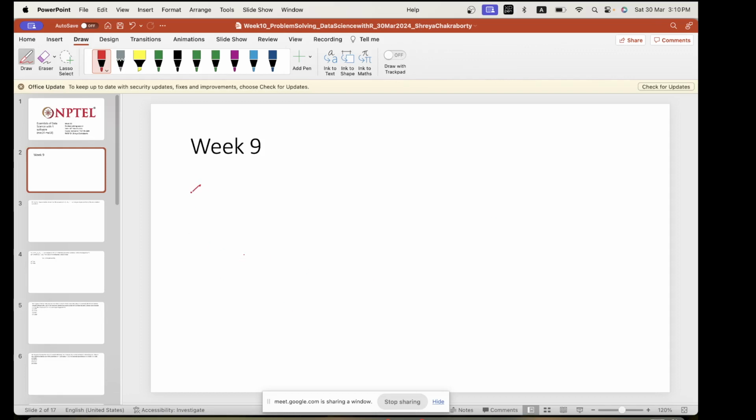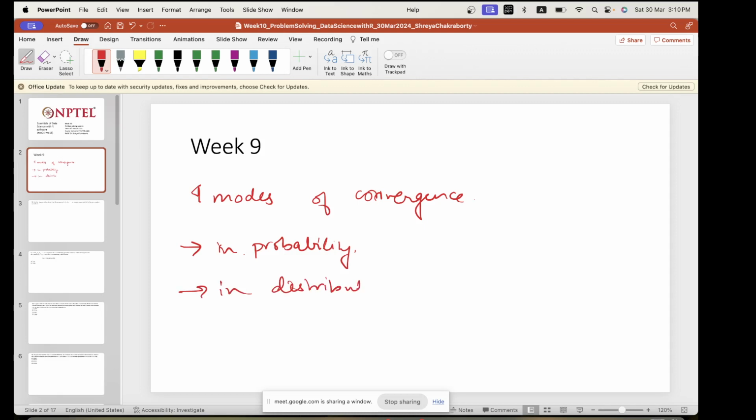So briefly, there are 4 modes of convergence, and they are convergence in probability, convergence in distribution, convergence almost surely, and then also convergence in mean.